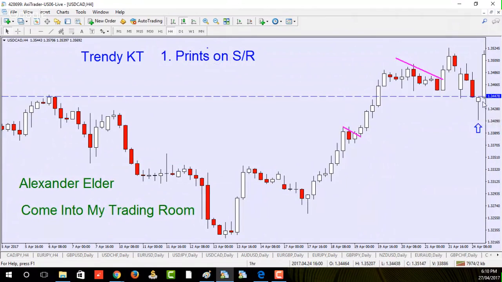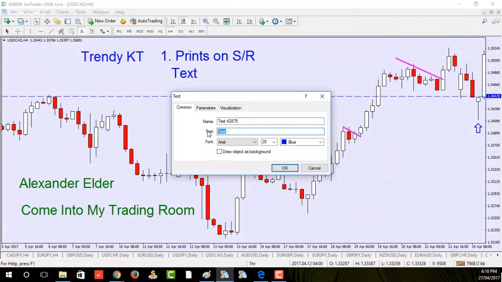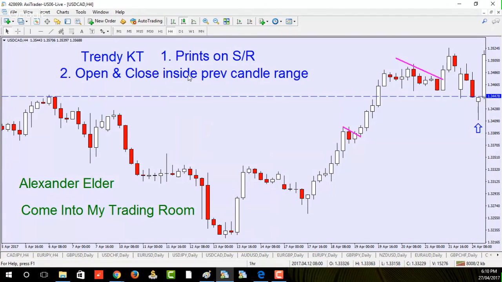You could argue that. But it's close. It's definitely close, whether it's on support or beyond support and resistance. The second thing that a kangaroo tail should have is the open and the close inside the previous candle's range. That is not the case here.